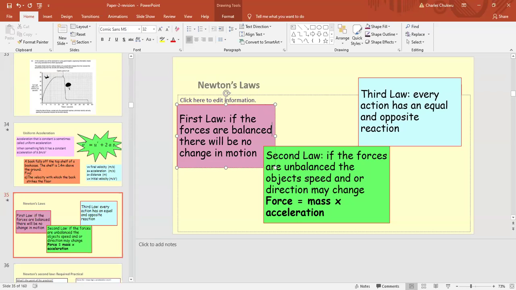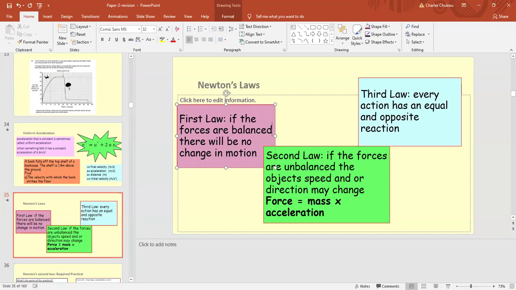But anyway, if you understand it, that's the important thing, that you understand what's going on and can connect it to your experience in real life. The second law says if the forces are unbalanced, the object's speed and or direction may change. So that's where you get force equals mass times acceleration.